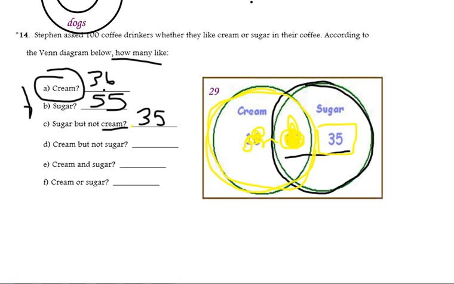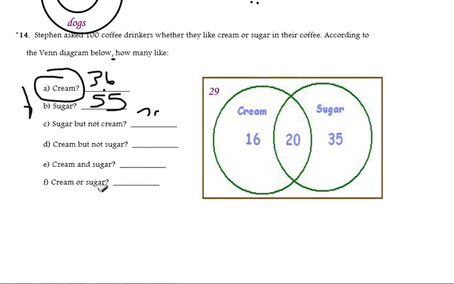Okay, same thing with the next problem. How many people like cream but not sugar? So let's start off with highlighting the cream circle. Here's the people that like cream. Everybody inside the cream circle is here and here. But we don't want the people that like sugar.